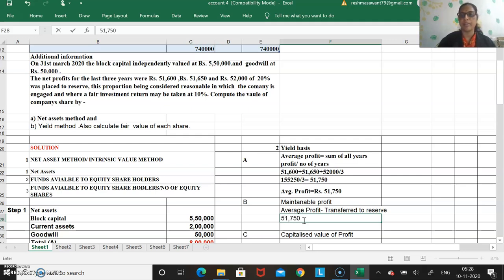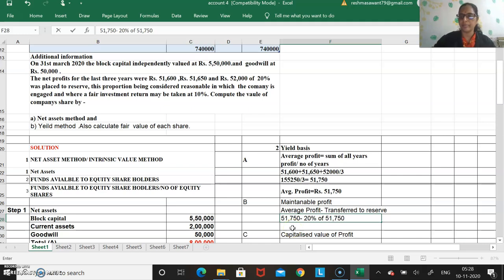51,750 less 20% of average profit, that is 10,350.